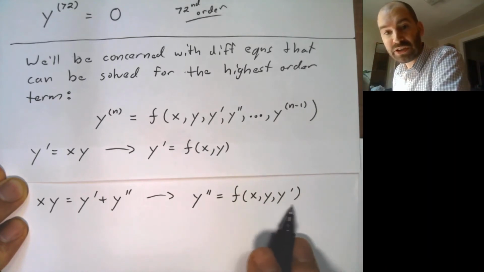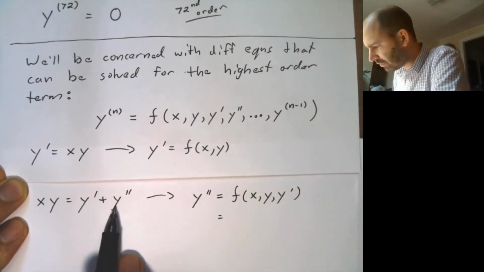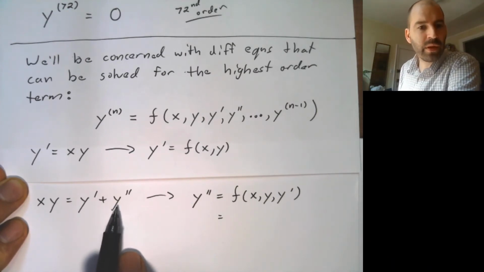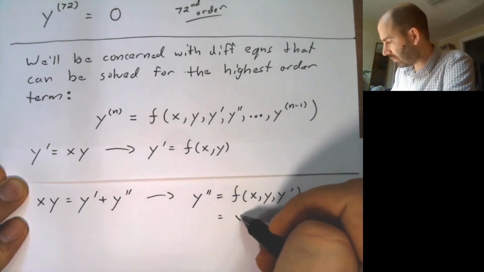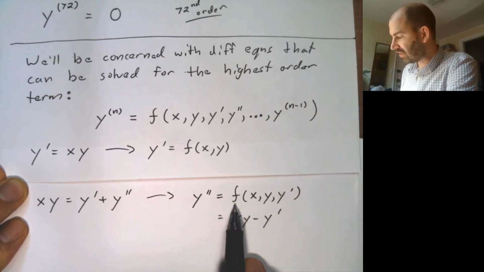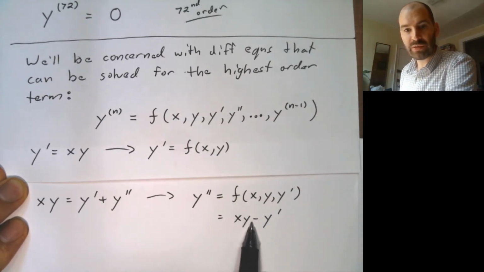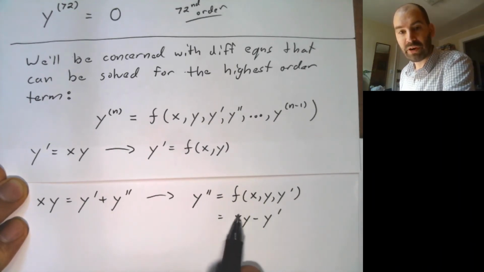What is this function of x, y, and y prime? In this case, if I solve this for y double prime, I get y double prime equals xy minus y prime. So in this case, the function is just xy minus y prime. But I've written y double prime as a function of those three things.